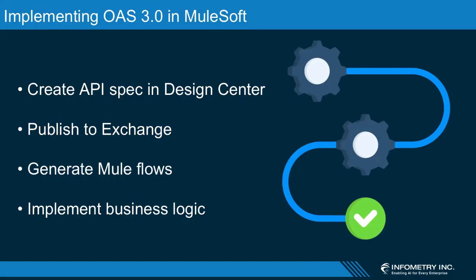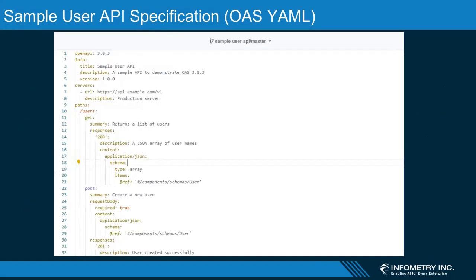So the next is the sample users API specification. This is the sample users API that I created just for demo purposes. Whatever was explained in the previous slides, you can see here.